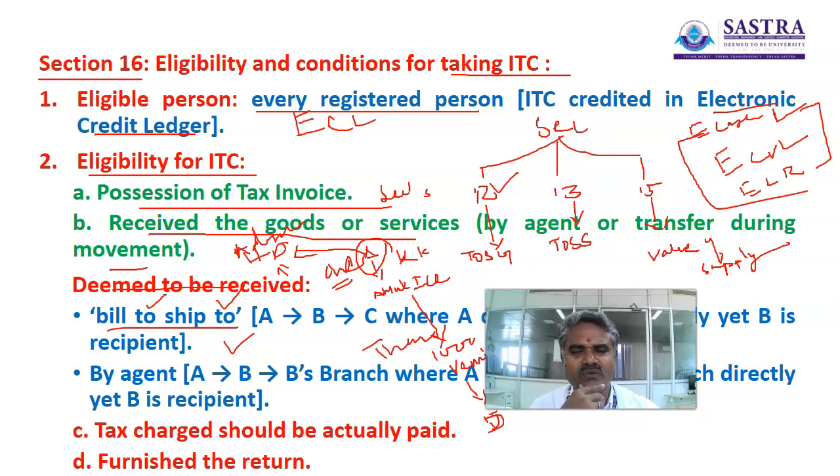But you give one direction: sir, you need not send the goods to me, you directly send to Tambaram. This is ship to. Even though they sent the goods to Tambaram, they prepared the invoice and sent it to you only. This is bill to, because you placed the order; the customer does not place it with them, the customer places the order with you only. So they bill to you but ship to the direct customer.